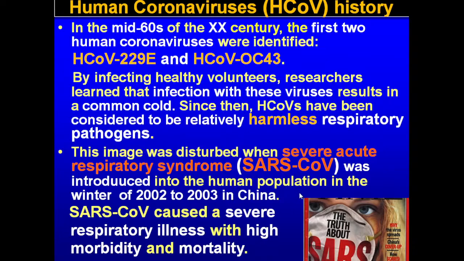The virus that caused it was called SARS-CoV. It was introduced into the human population in early 2002, and it originated again in China. This virus caused a very severe respiratory illness with relatively high morbidity for respiratory viruses and relatively high mortality.